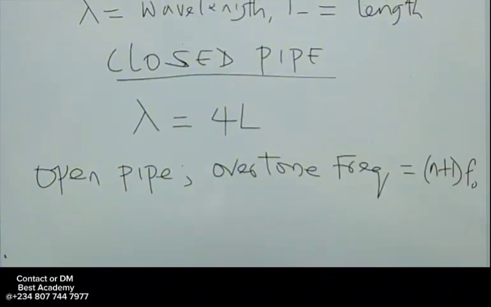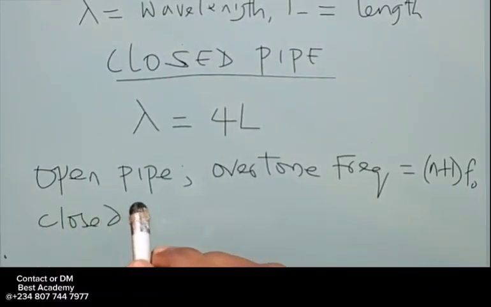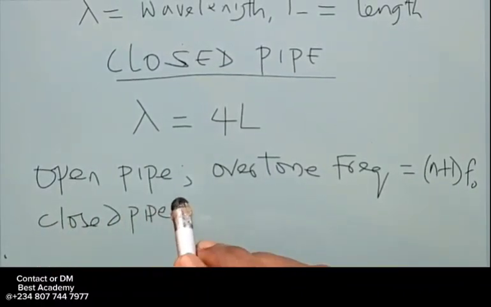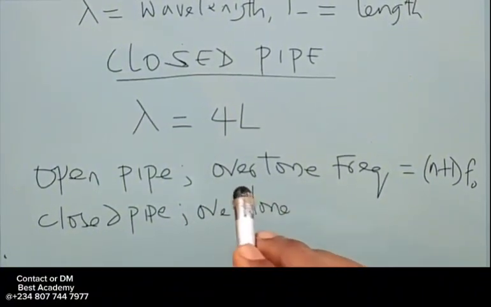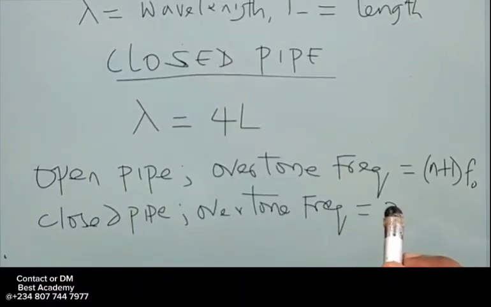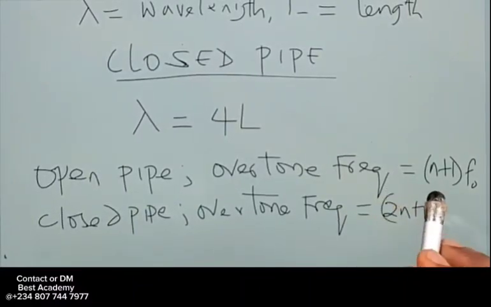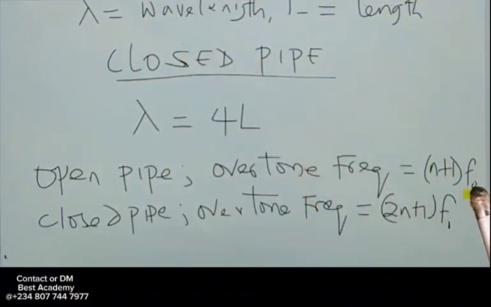Please take note of that. For a closed pipe, the overtone frequency is said to be (2n plus 1) f naught, and the f naught here is the fundamental frequency.